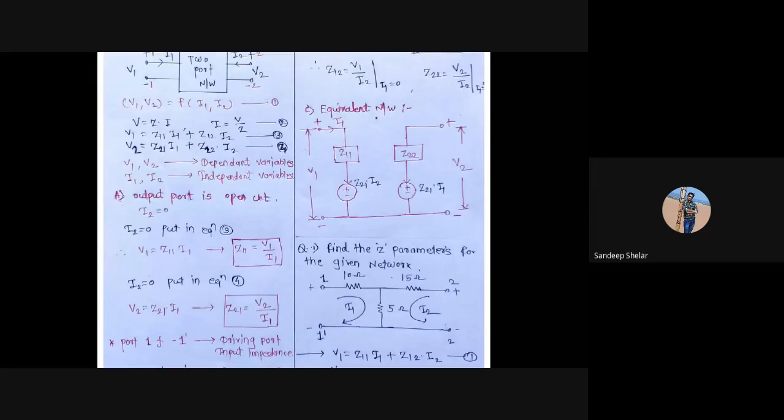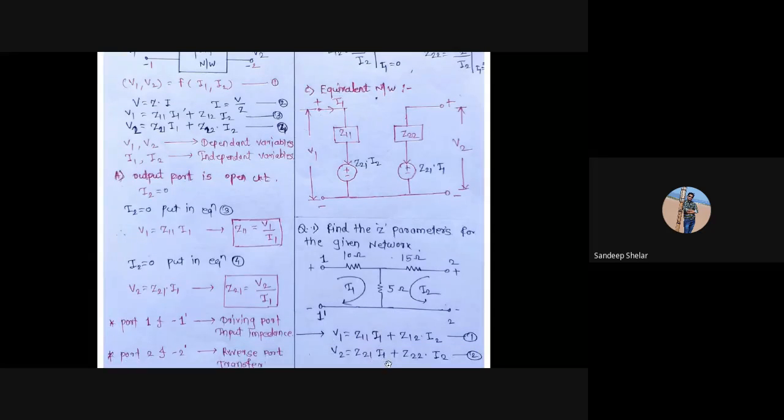This is the basic equation of impedance parameters, that is V1 is equal to Z11 I1 plus Z12 into I2, equation number 1. Then also V2 is equal to Z21 into I1 plus Z22 into I2, equation number 2.